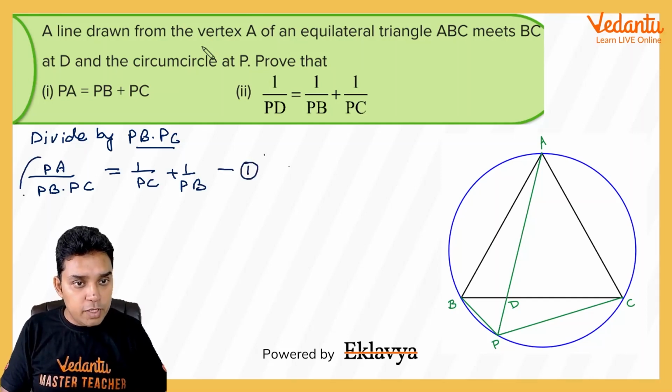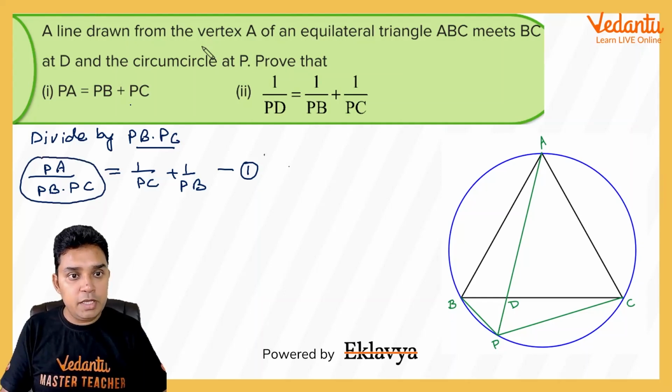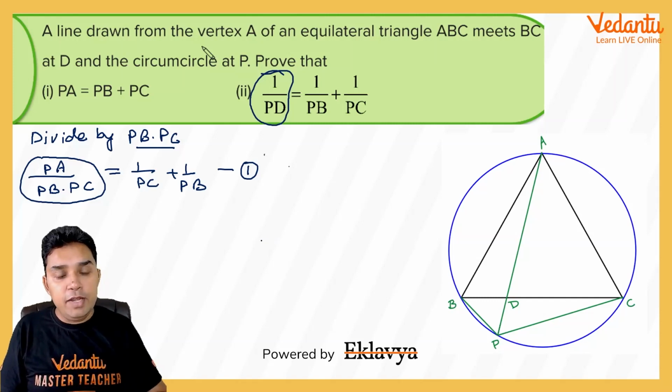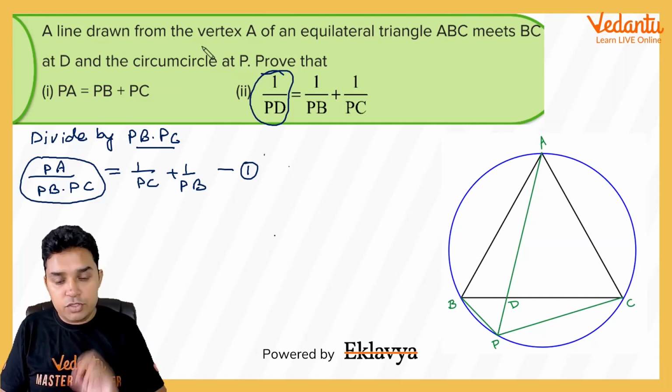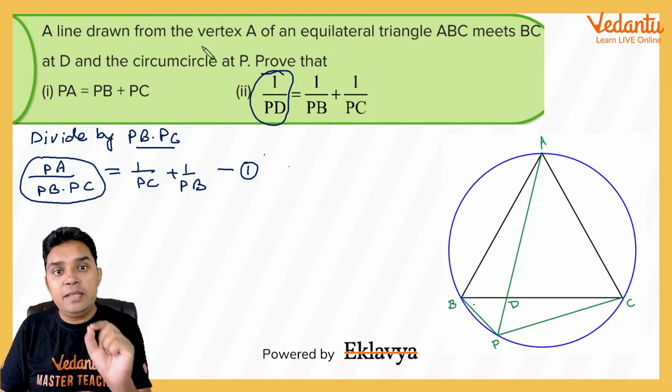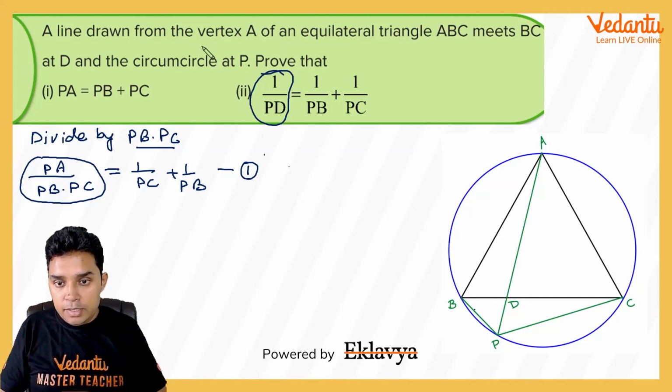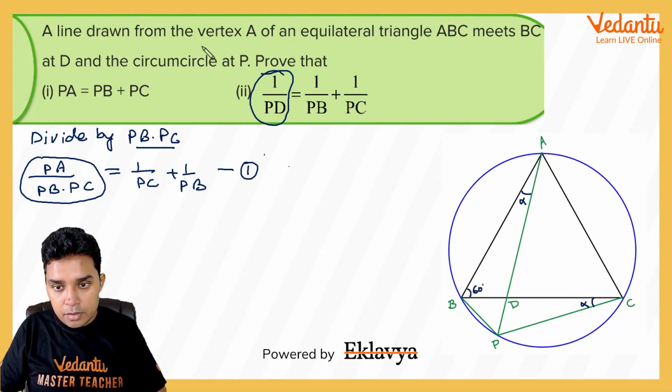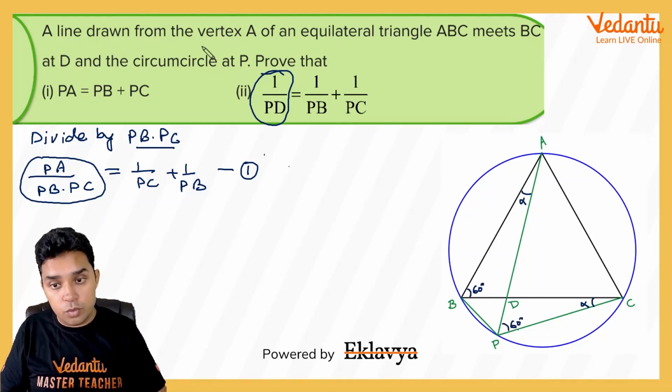Now I have to prove that PA upon PB into PC is equal to 1 upon PD. To prove this, I will use similarity in two triangles. Which two triangles? Please see. In such a diagram, you can see there are many angles which are equal. For example, BP will subtend the same angle, let us say alpha, at A and at C. Now AC is subtending 60 degrees at B, and hence it is subtending the same angle 60 at P also.